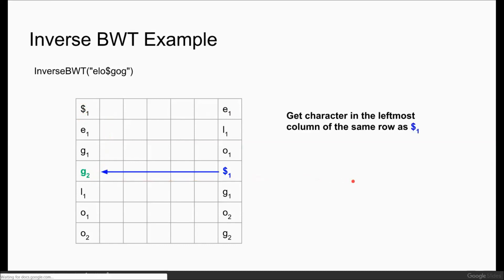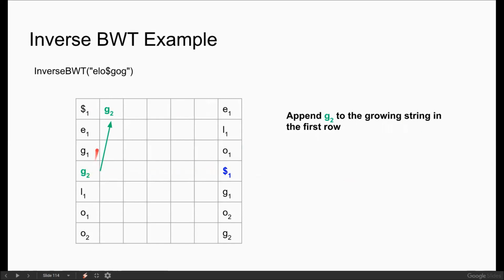So again, we started with the $ sign, we saw what character was in the same row as it, and then we added it to the first row. So we're appending it onto the $ sign. And at the end of this algorithm, we'll have the original string reconstructed. Okay, so we just did G2, right?